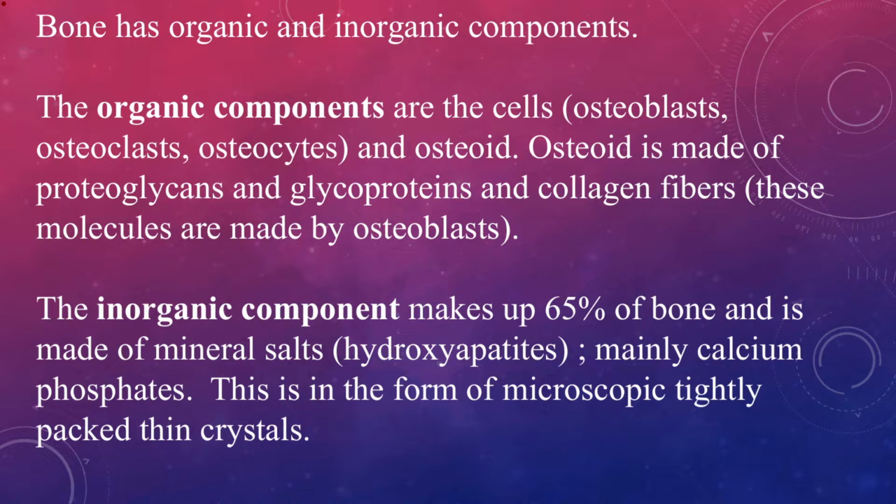So bone is made up of organic and inorganic components. The organic components are the cells, right? Osteoblasts that build bone, osteoclasts that break bone down, osteocytes that maintain bone, and a material called osteoid. Osteoid is made of proteoglycans and glycoproteins and collagen fibers, and it's organic, right? It's made by the osteoblasts, and this is kind of where bone is built, the stuff that bone is built from.